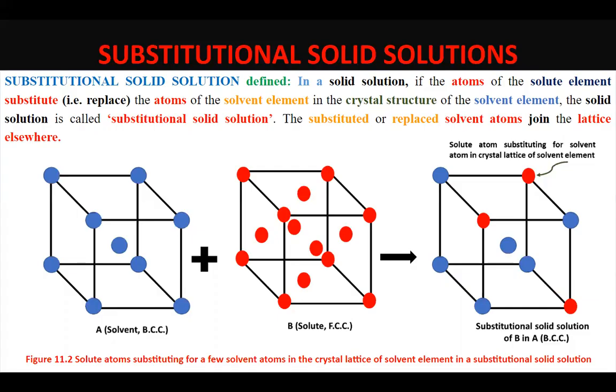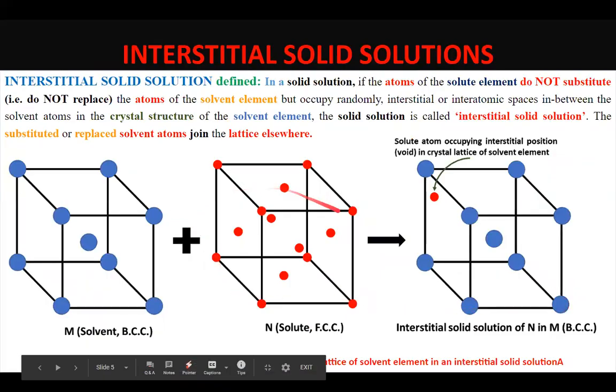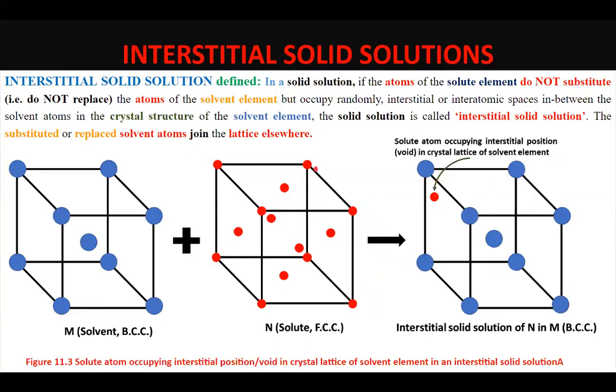Now let's come to the second and the final type of solid solution that can get formed. That's called an interstitial solid solution. So in an interstitial solid solution, the solvent element's crystal structure would be seen in the final solid solution, but now the solute atoms will not substitute or replace the solvent's atoms in the crystal structure of the solvent.